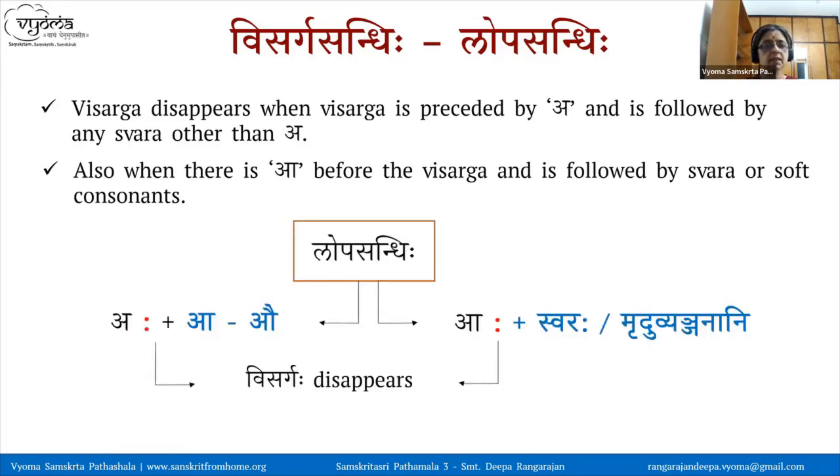So two conditions here: first, preceded by Harasva Akara and followed by any swara other than Harasva Akara, or preceded by an Akara and followed by a swara or Mridu Vyanjana. The Visarga disappears. This is called Lopa.